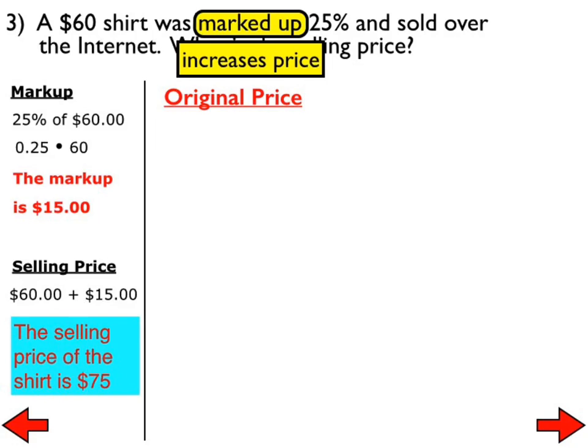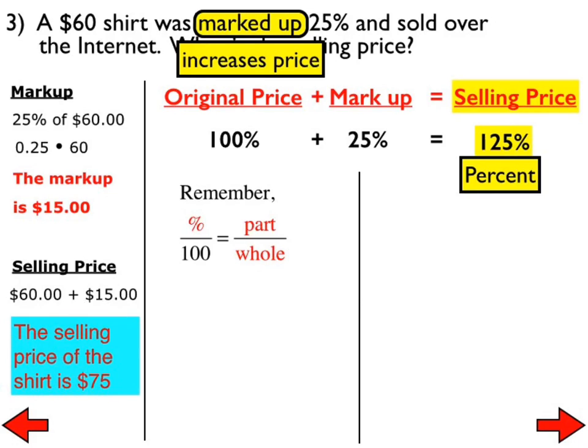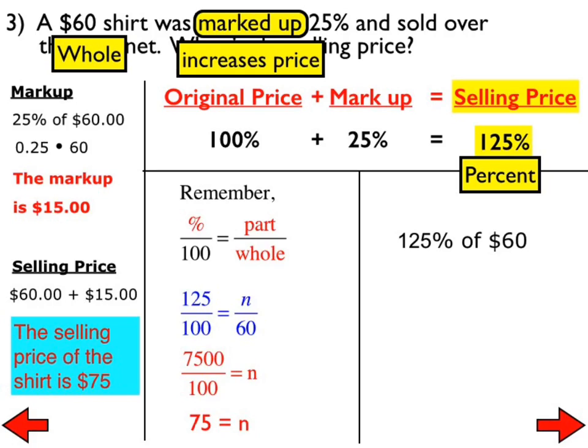We're marking it up 25%. That means we're going to actually pay 125% of the actual price. And so if you used a proportion, percent over 100 equals the part over the whole, it would be 125 over 100 equals n over 60, and then solve that, which ends up being $75 for the price. But the fastest way is by finding the percent of a number.